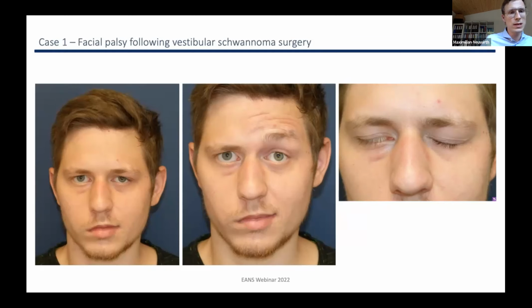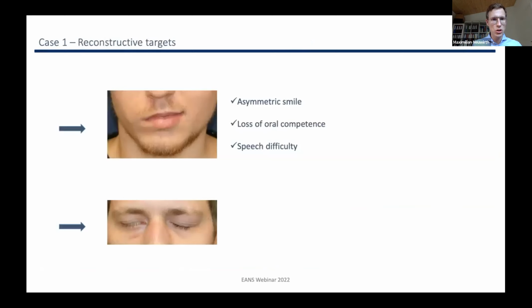So we asked ourselves what to do and how we could do something without disturbing a possible effect in the future of this nerve graft. So we thought maybe we will not disturb the nerve on this side and do a free gracilis transfer for the mouth, because this was his biggest issue.